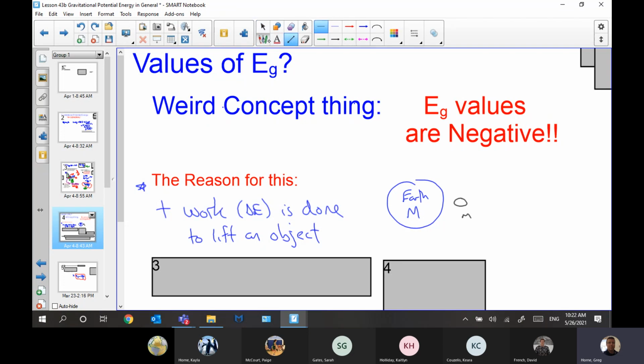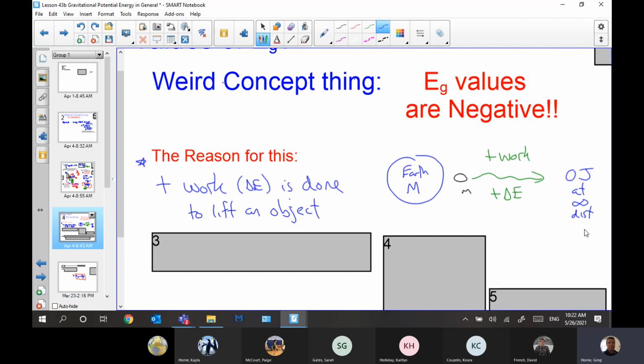As we are lifting it away from Earth, this is positive work done, a positive delta E, to get to really far away. The issue is that at an infinite distance, you end up with 0 joules.